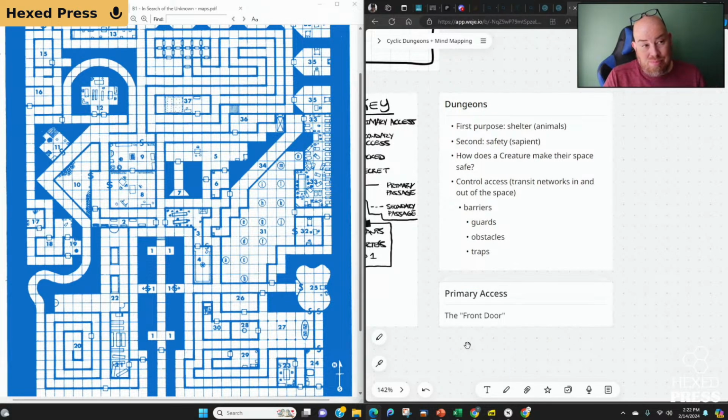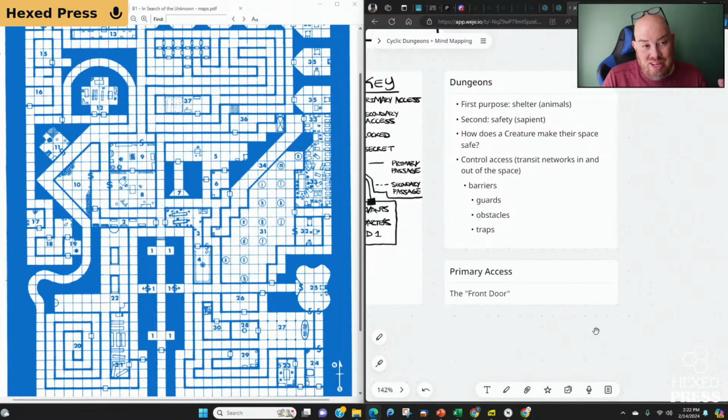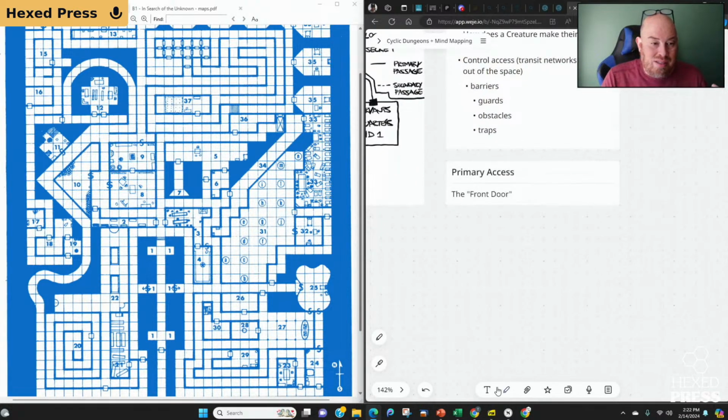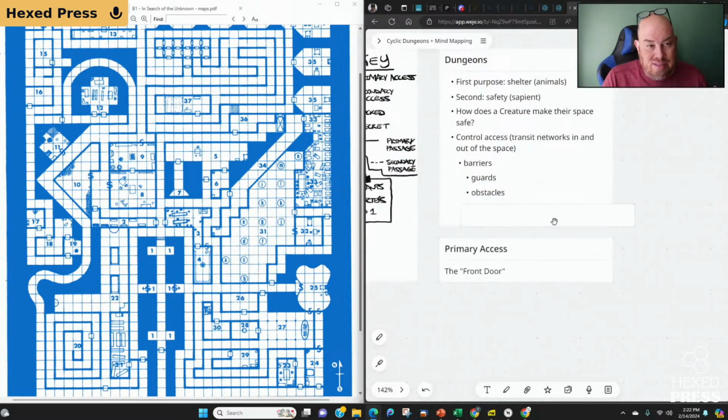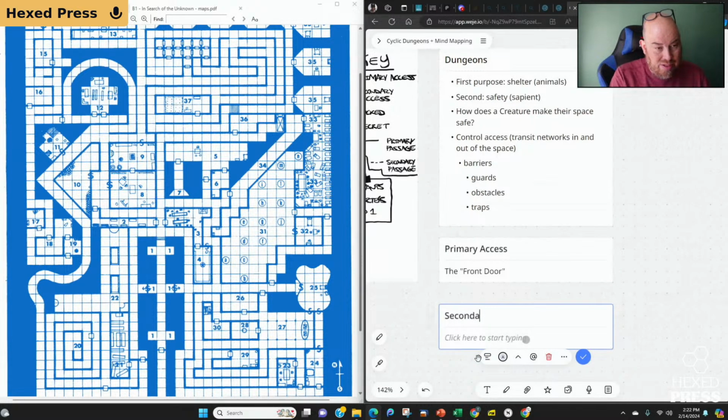But in our world, it's necessitated by laws and regulations and all kinds of things, safety. You don't just have a primary access. You've got what I'm calling secondary access, or restricted is another word. I'm not quite sure which one I'm going to stick with. Restricted access.